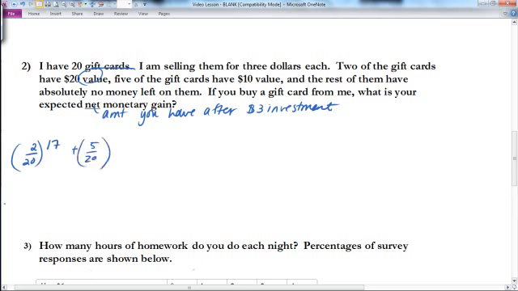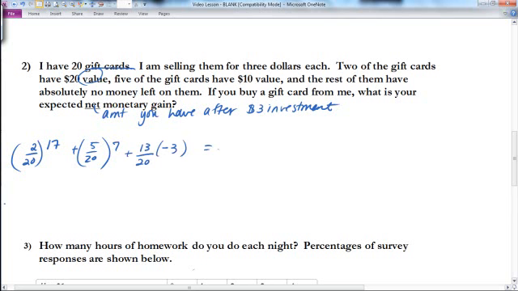And if the card has a $10 value, its net value will be $7. And then the rest of them have no money on them at all, so their net value is actually going to be negative money because you paid $3 and you got nothing back. So we had 7 gift cards accounted for, meaning that there are 13 out of 20 gift cards that have a value of negative $3 on them.